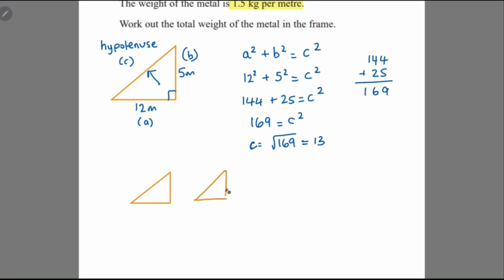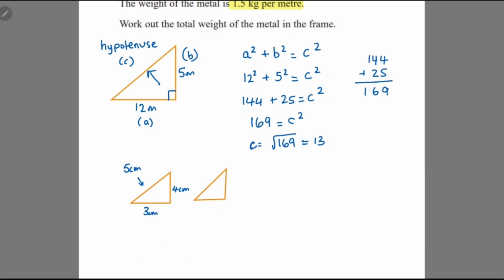Right, so the first one that you might see quite a lot is the 3, 4, 5 one. So that's a Pythagorean triple. If you have a 3 centimeter side and a 4 centimeter side, the hypotenuse is going to be 5 centimeters without having to work it out. But you can if you wanted to, right?